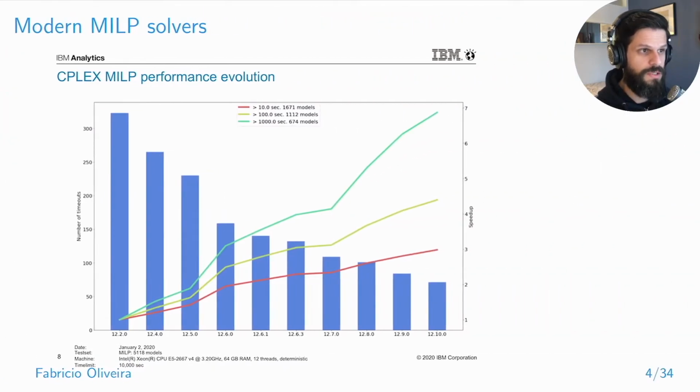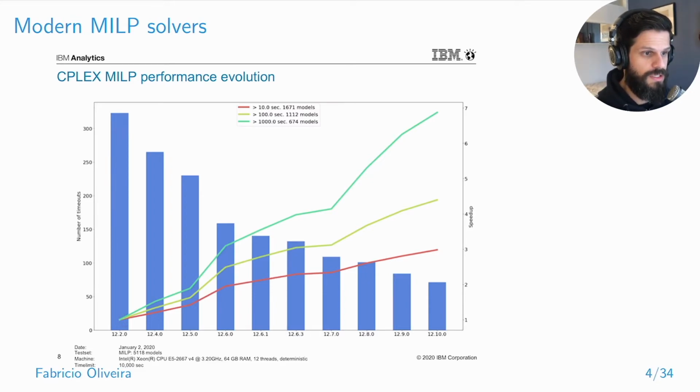So here is a picture that I got from Cplex specifically, but FICO and Gurobi will have a similar plot showing a very similar tendency. It just so happened that when I Googled, that was the first one that came up. You can find these statistics for pretty much most of the solvers out there. This is showing the following. The blue bar is showing the number of timeouts.